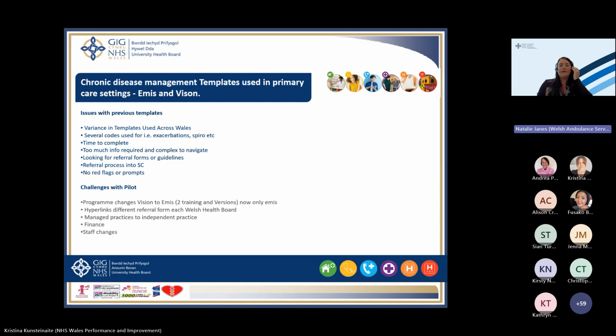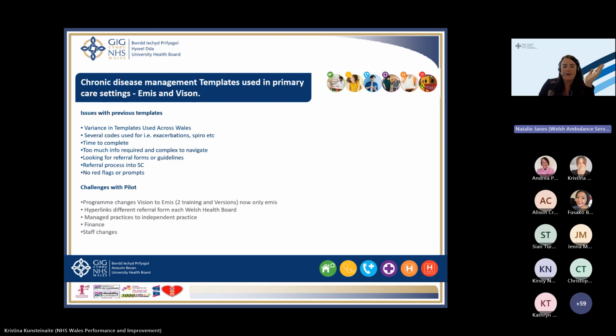So as I mentioned previously, there are lots of issues with the current templates. But there have been quite a few challenges in relation to the practices that we've used as the pilot. As you may or may not be aware, there were changes over this time in relation to Vision converting to EMIS.